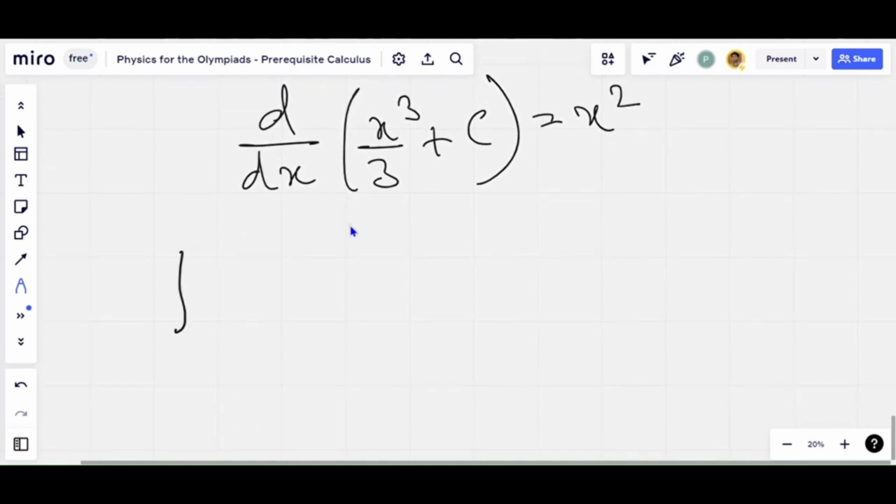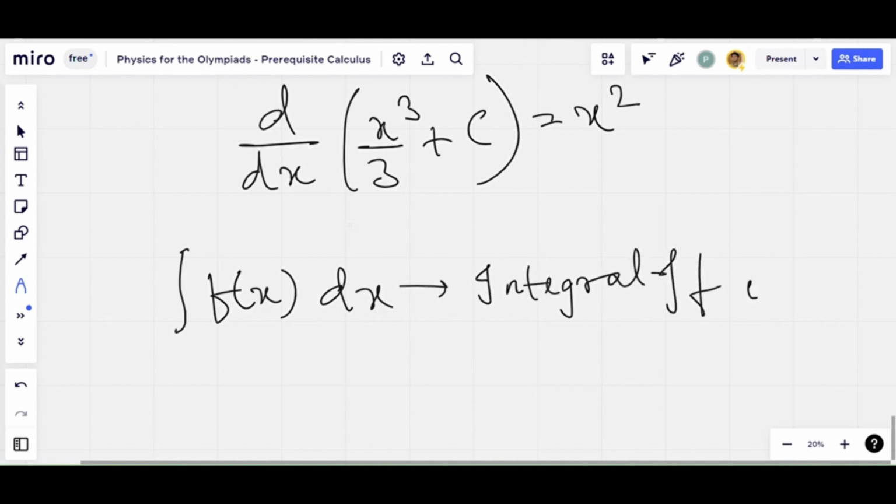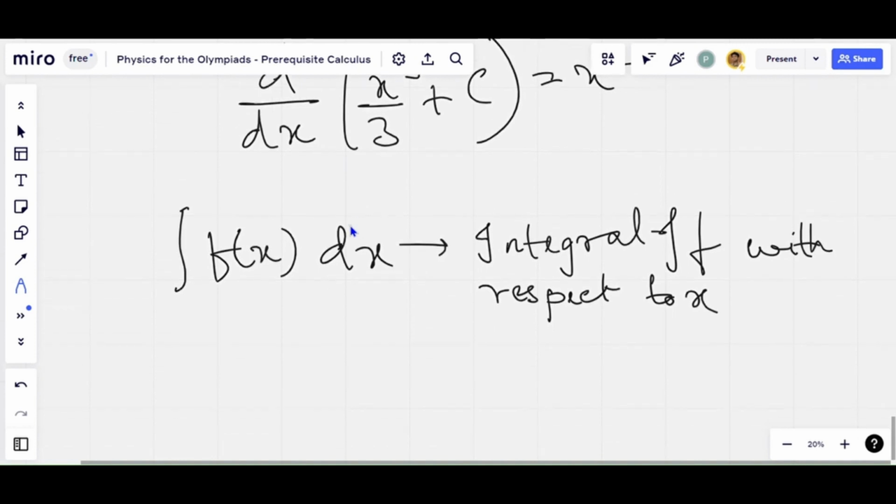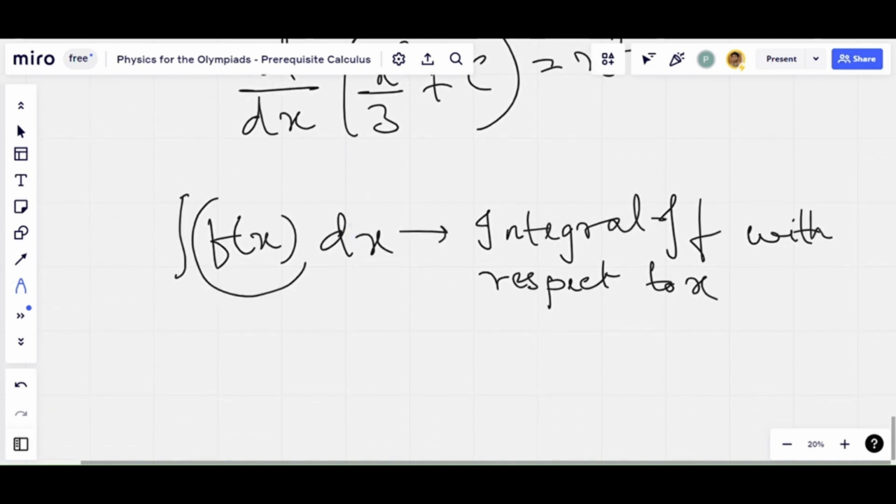We see that integral of f of x dx means integral of f with respect to x. f of x in this whole expression is known as the integrand. x here in this expression is known as the variable of integration.